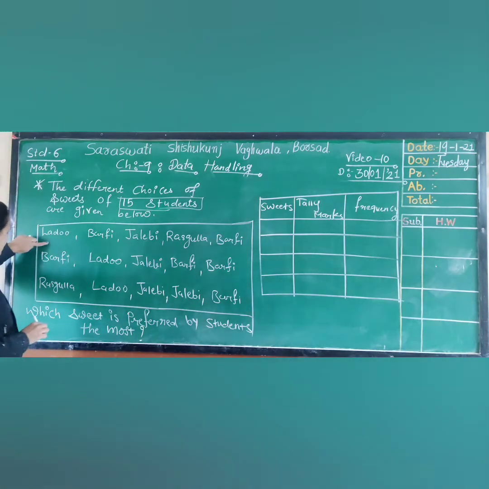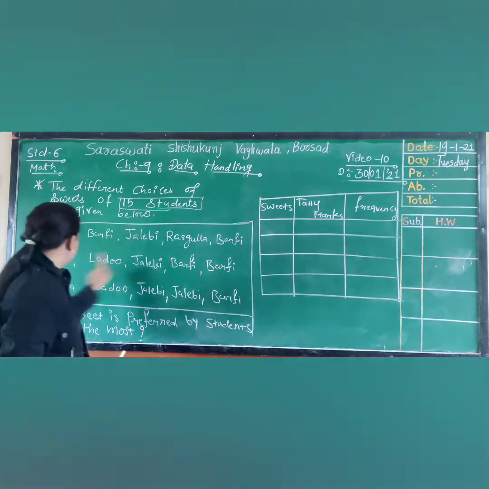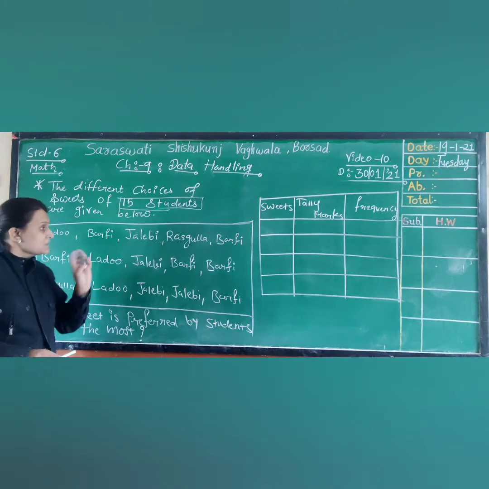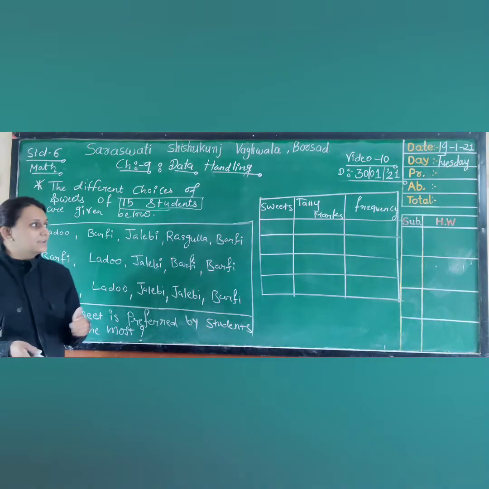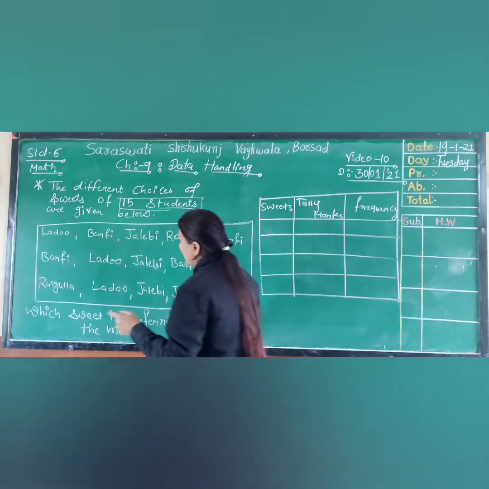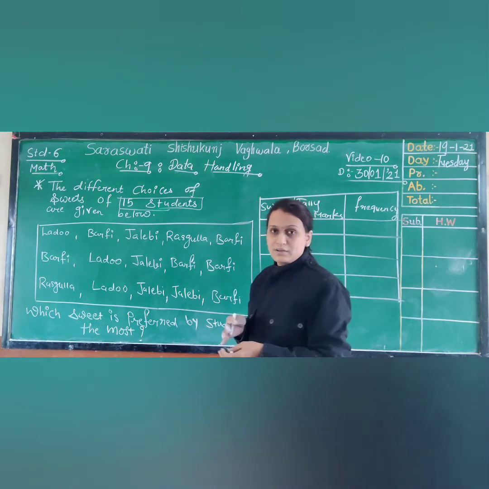So you can see laddu, then barfi, jalebi, rasgulla. Again it's barfi, laddu, jalebi. Means 4 different sweets are given. So from the data you have to identify which sweets are given. You can take any one first, laddu first or jalebi first.